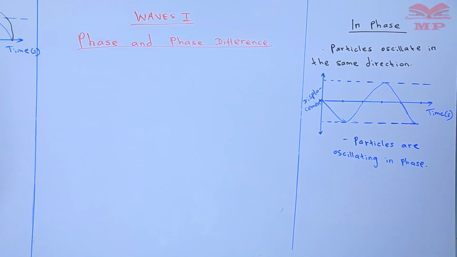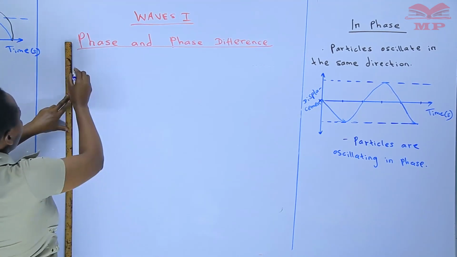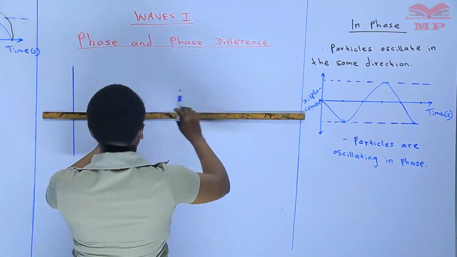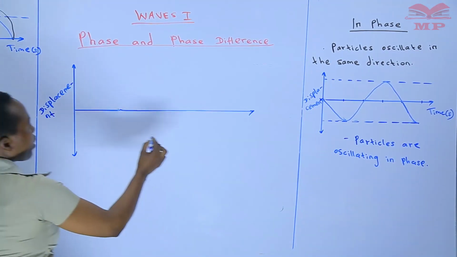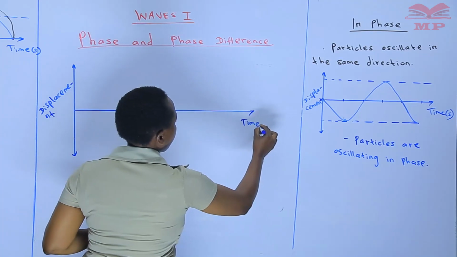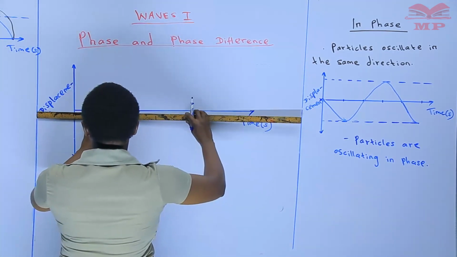And we can also say that it is also in phase. The wave is in phase, so we have this. So displacement against time. So we have our wave as follows.